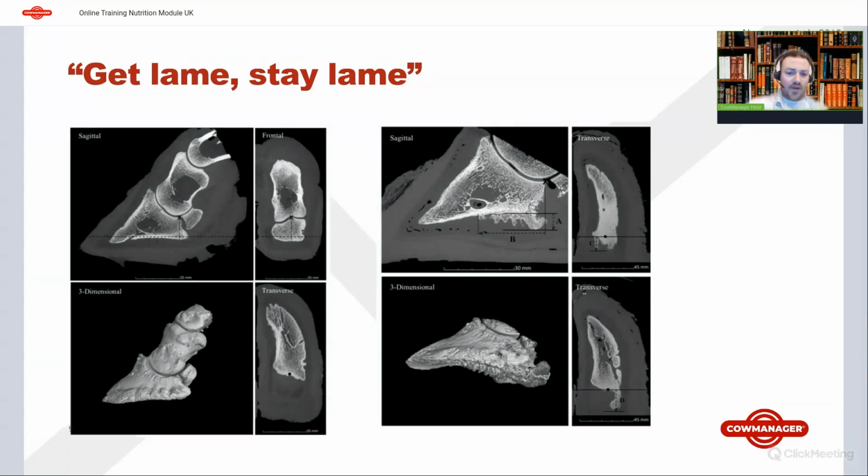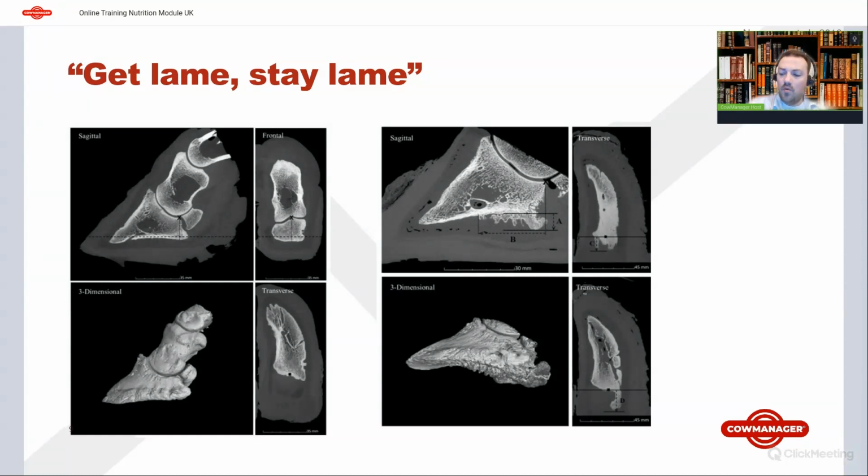Unfortunately, we don't have X-ray eyes, and even the best hoof trimmers don't have X-ray eyes, so we cannot see what's happening. The thing we just need to know and recognize is that when we see a mildly lame cow, these exostosis, these bone spikes, can already start growing from 4 to 6 weeks of a mildly lame case.